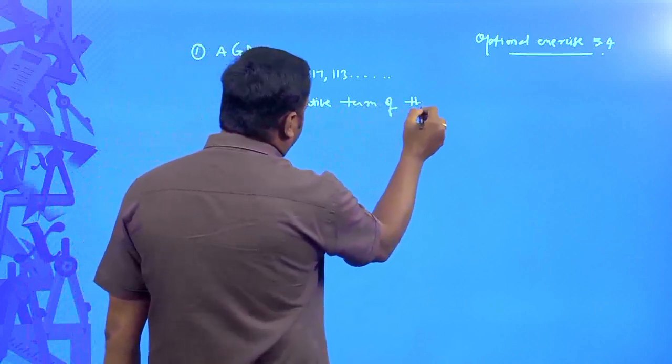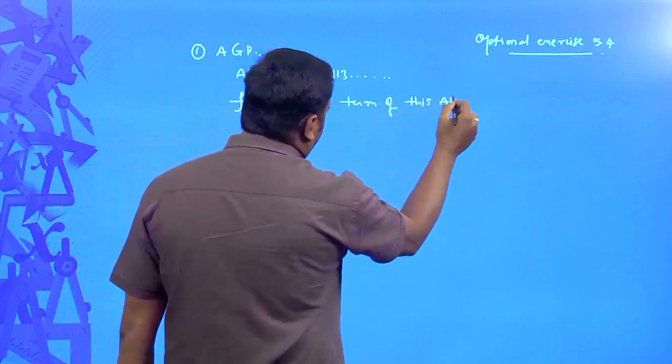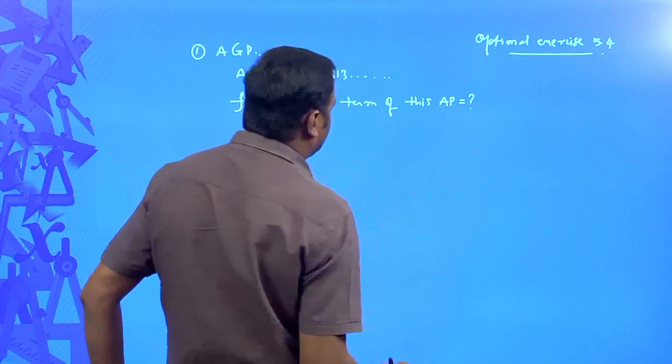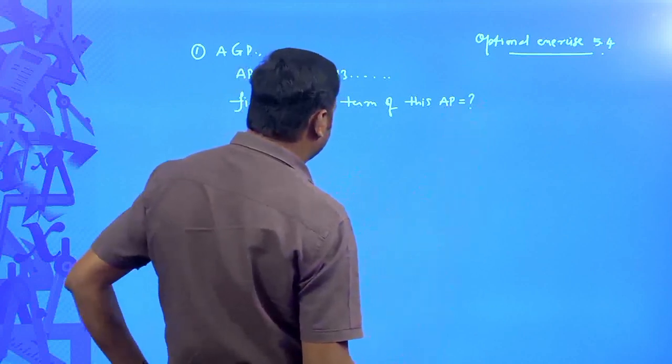So, what is the first negative term of this arithmetic progression?